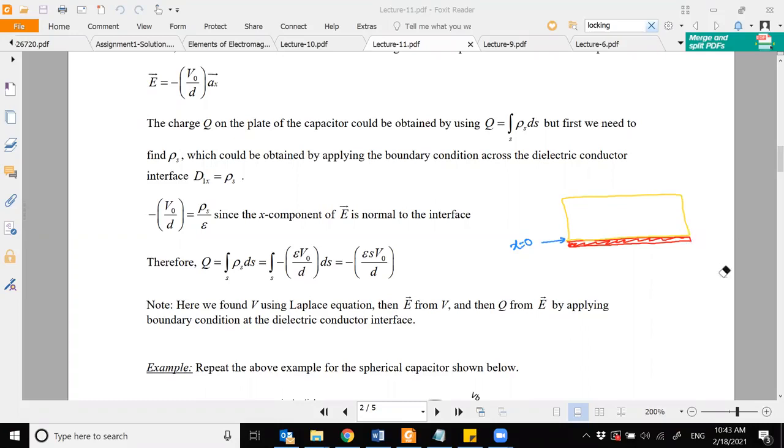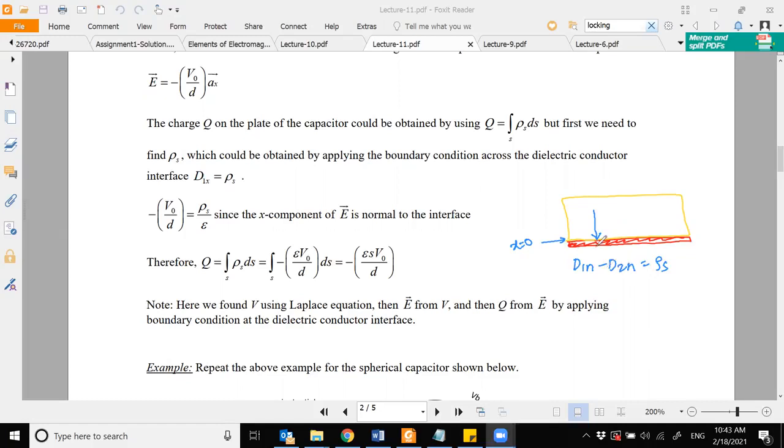It says that D1n equals rho_s. Yeah, it is written here, but you should understand how I'm getting here. Because there is no electric field here, right? We know that D1n minus D2n should be equal to rho_s.